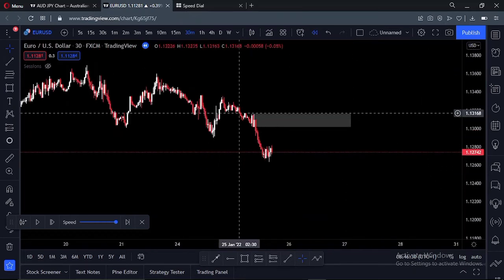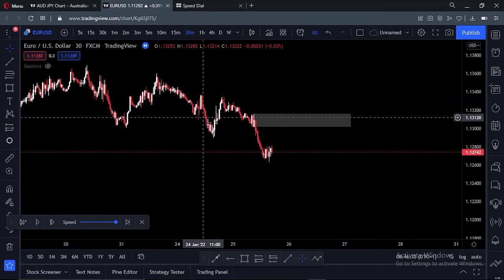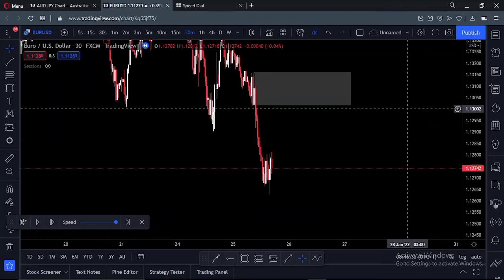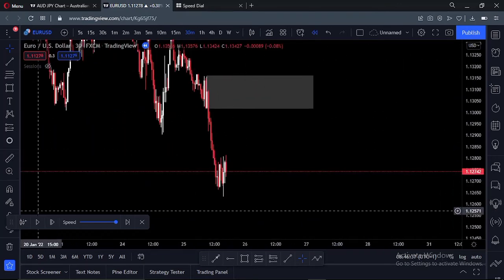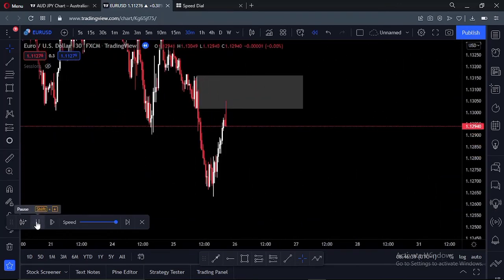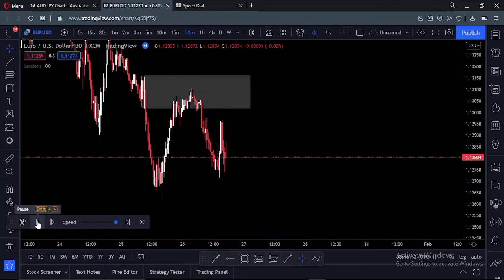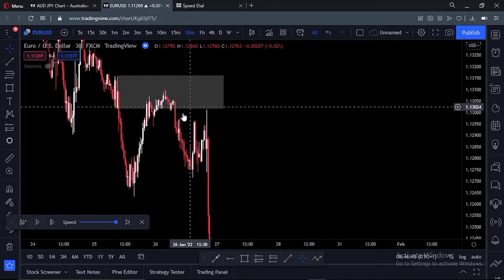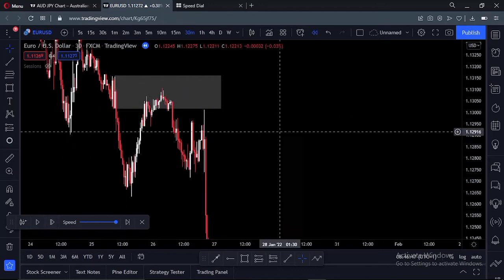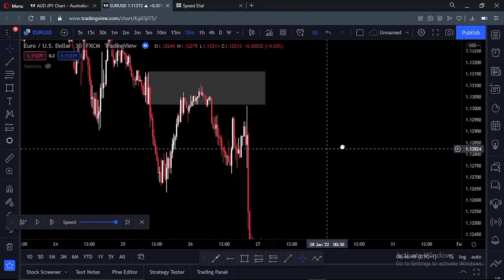Market making a series of lower highs and lower lows, lower highs and lower lows. You see how price came right to that zone. Why did I pick that zone?